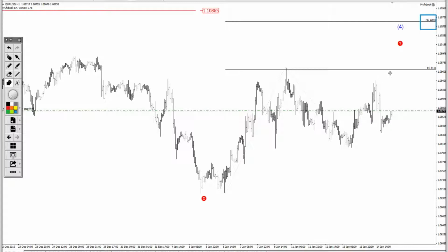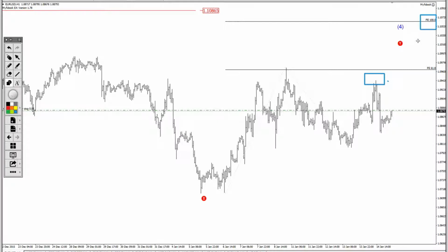My take profit is right around the 61.8% level, which is quite conservative if we take into account that we have already almost touched that level. So right here, the recent high is very near the 61.8% level. So we can possibly expect this to reach near the 100% Fibonacci expansion level.